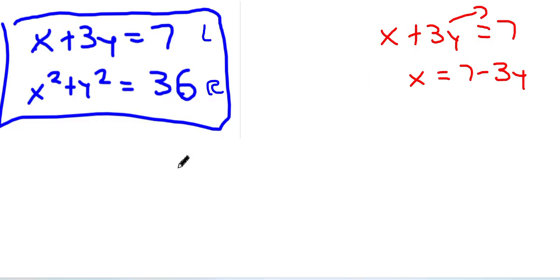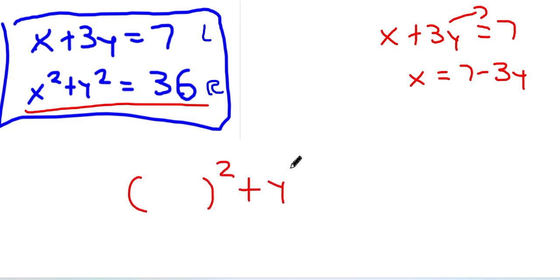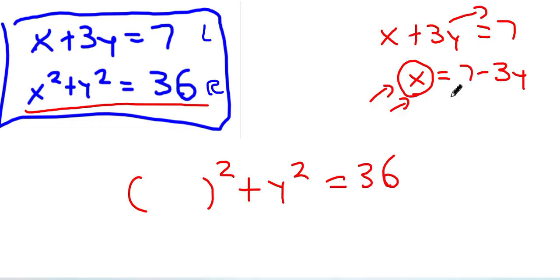Then what do you do with the second part? You write out the equation, except leave the x blank. Why am I leaving the x blank and not the y blank? Because in the first equation you got x on its own. That's why I'm leaving the x blank. If I got y on its own, I'd leave the y blank.